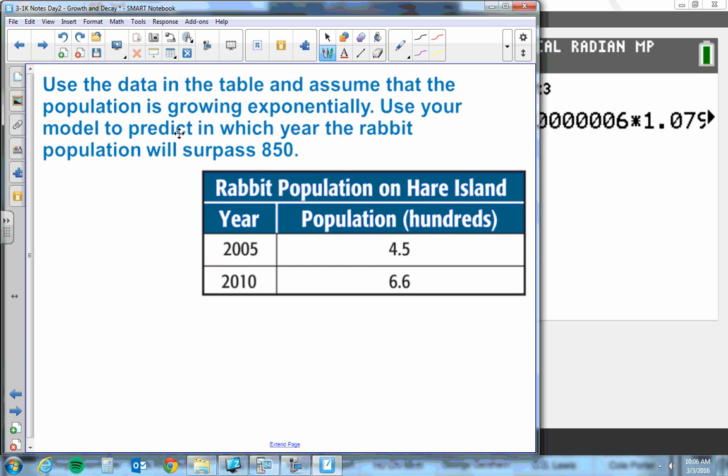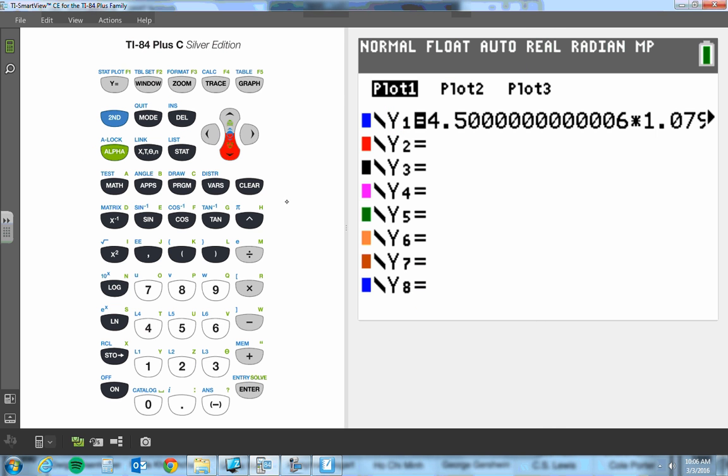It says, when will it be 850? What y value are we looking for? 8.5. 850 is 8.5 hundreds, right? So I'm saying go in here, and we already have the equation in there. So put 8.5 in y2, and go to your window.